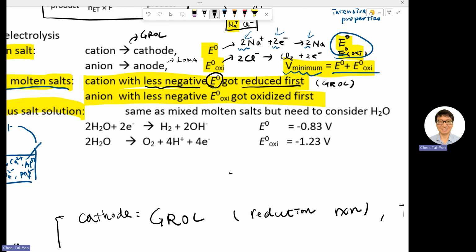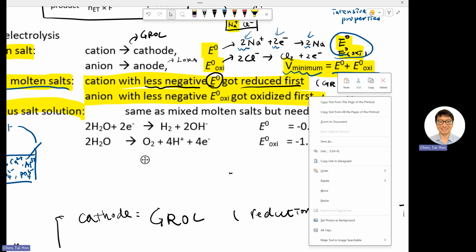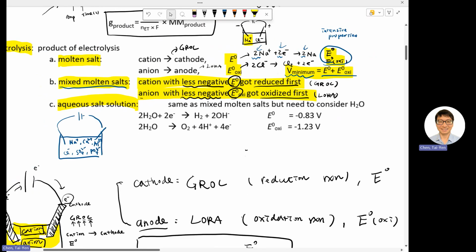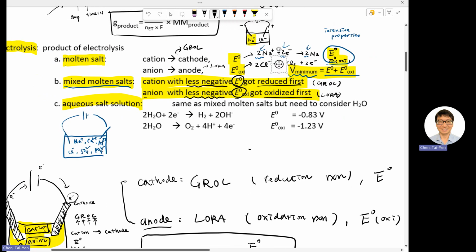And for your LOA, the anion species with less negative oxidation potential will get oxidized first. Those are the most important concepts you should have for now.